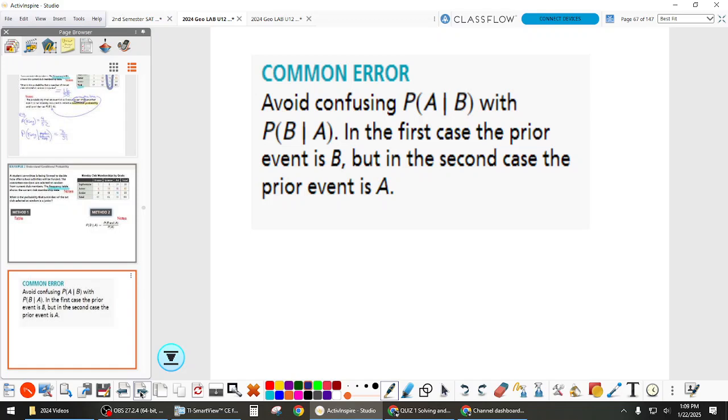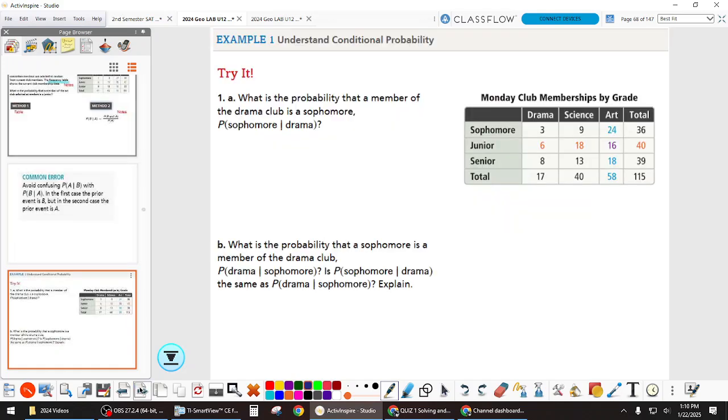Like, what's the probability of A knowing B happened? What's the probability of B knowing A happened? Do you think those numbers are different? They are. Sometimes a lot different. So be careful that you read it the right way. We'll see that here in a second.